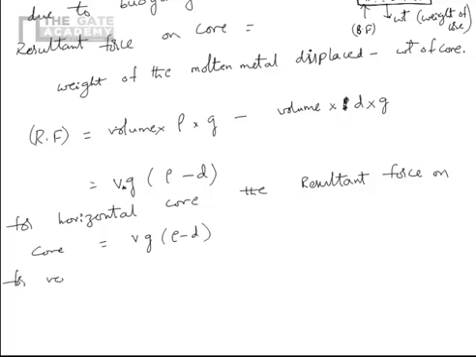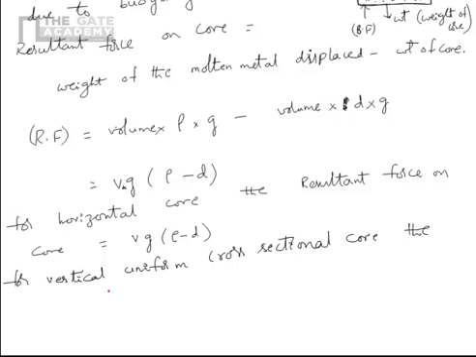For a vertical core with uniform cross section, the resultant force is 0.